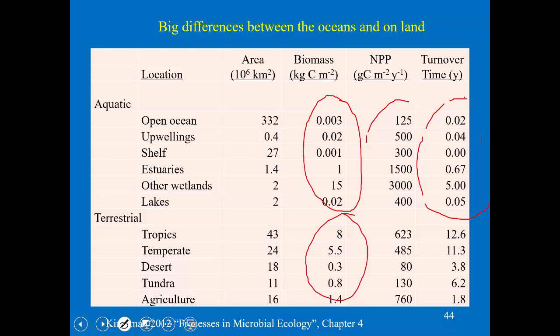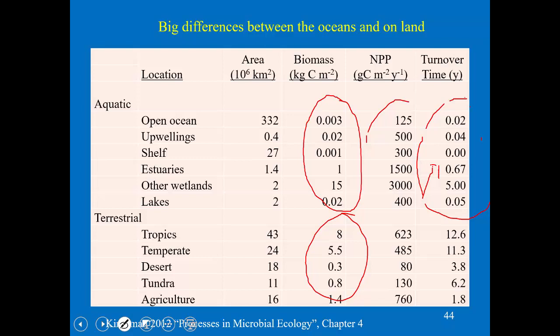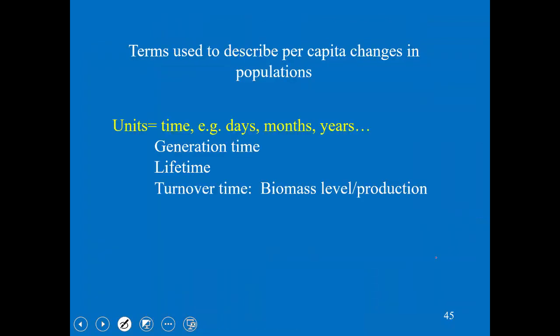So this is turnover time. This is basically how fast things go through that pool of carbon in terms of the organisms. So this is a small number, but if we had a growth rate, it would be a very high number. They're growing really, really fast compared to what's happening on land. They're turning over on the order of a day in the oceans as compared to years on land. So again, the per capita changes are really important to keep in mind.